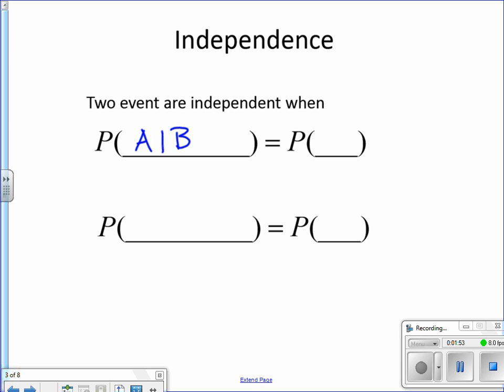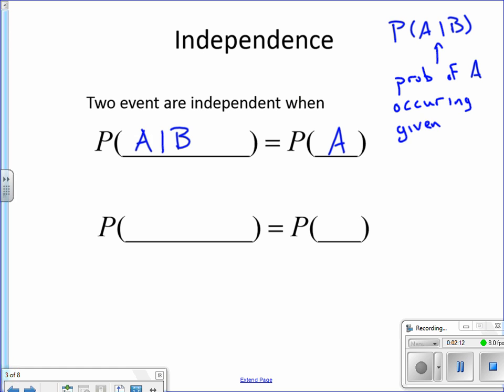The probability of A given that B has occurred will be equal to the probability of A. In other words, this is the probability of A occurring given that B has occurred. We know that B has already occurred, but if you look at this, and excuse me if I didn't spell occurred right, I don't feel like changing it now. The probability of A occurring given that B occurred is the same thing as just A happening.